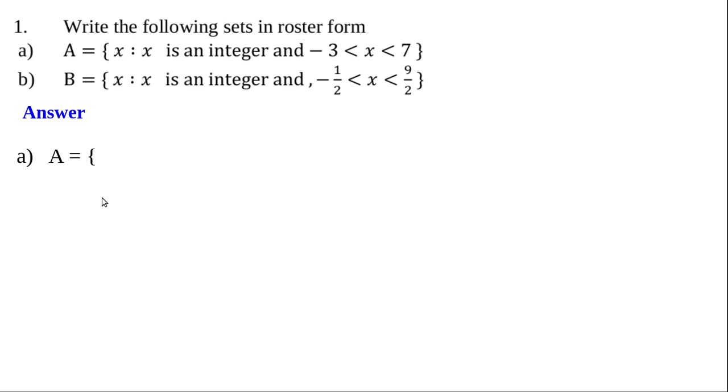A equal to. We want to write this set in roster form. For that, we want to list every element of the set, separating the elements by commas and enclosed within brackets. I open the bracket now. Now, which are the elements in the set? x is an integer and negative 3 less than x less than 7.